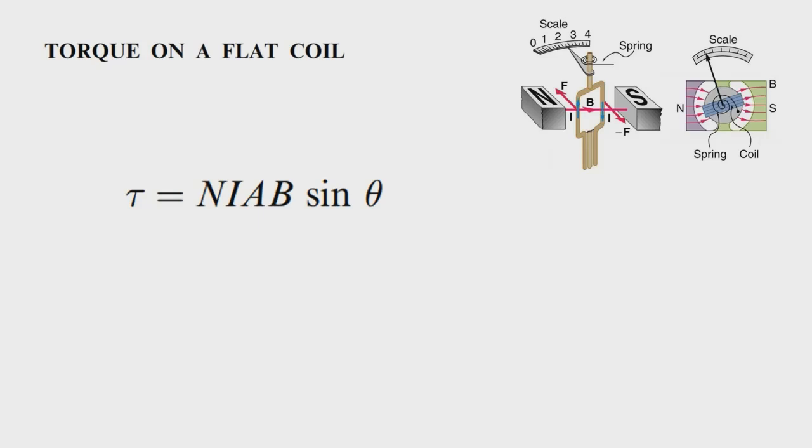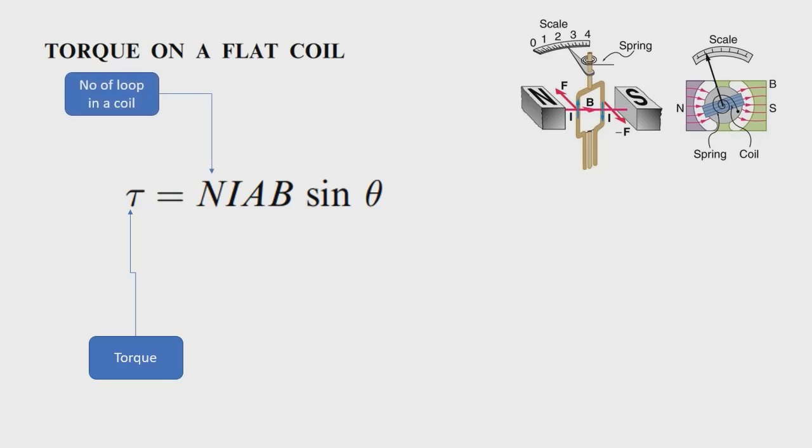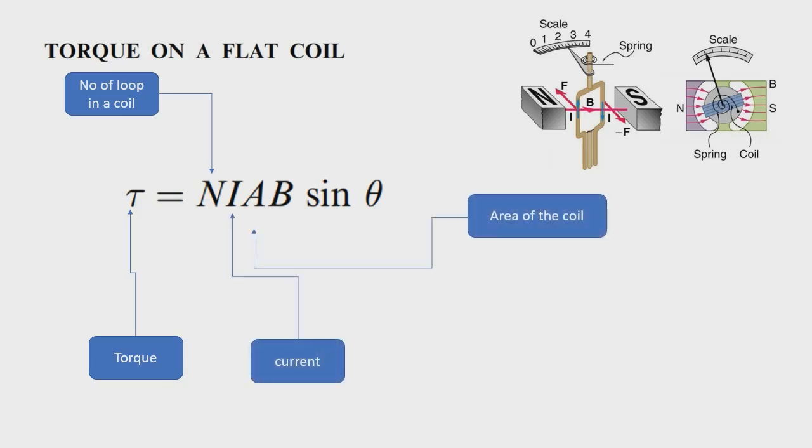And so this is given by the symbol tau, which means torque, and torque or tau is equal to N, which is the number of loops in a coil, times I, which is the current, times A, which is the area of the coil, times B, or the magnetic field strength, times sine theta.